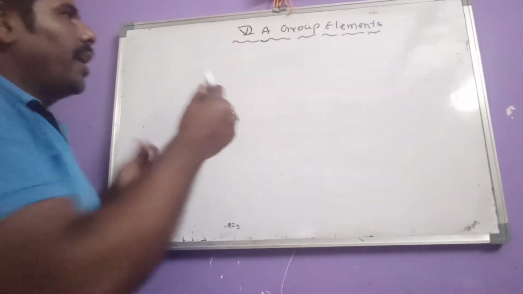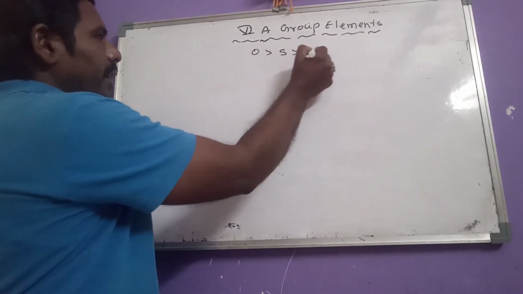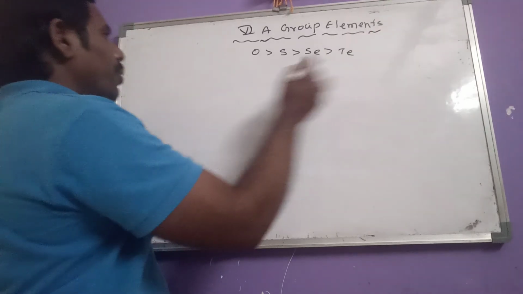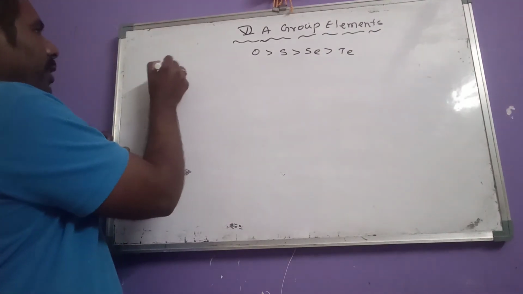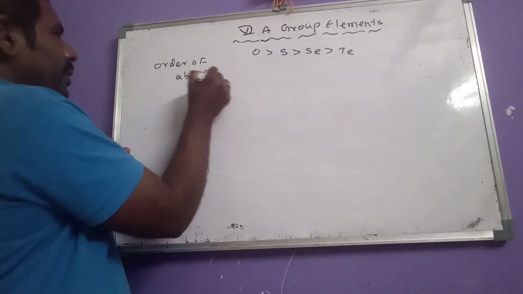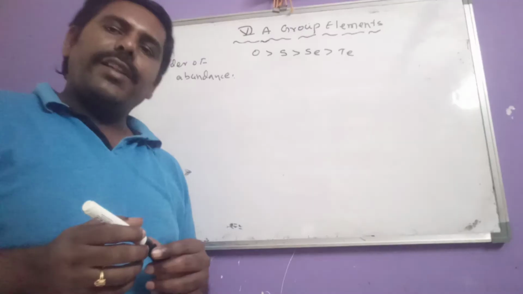So the order of abundance: oxygen greater than sulfur, greater than selenium, greater than tellurium, greater than polonium.